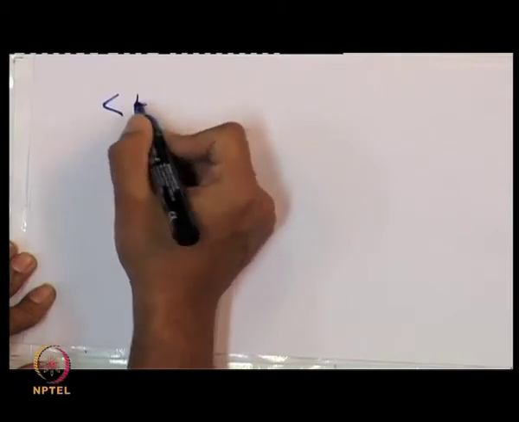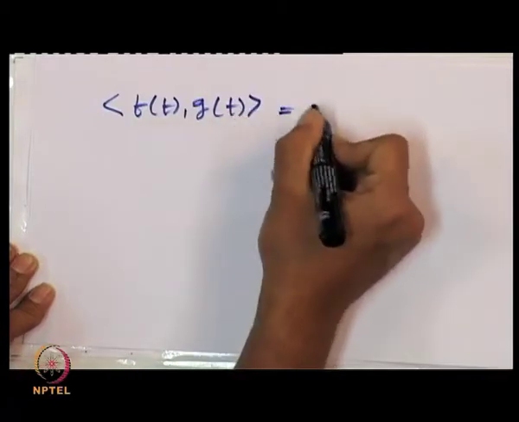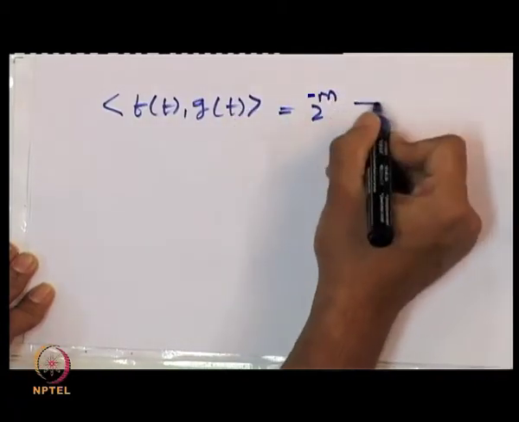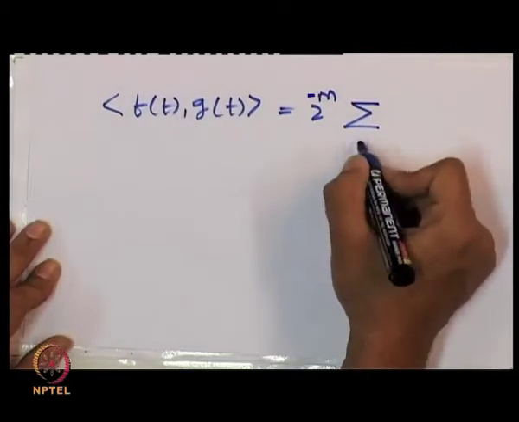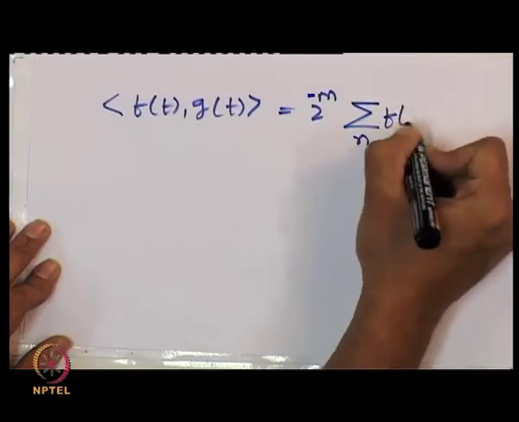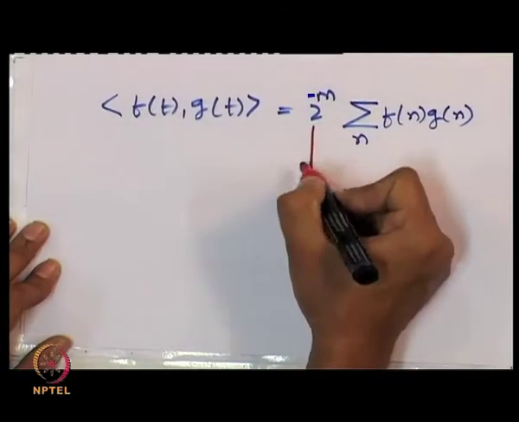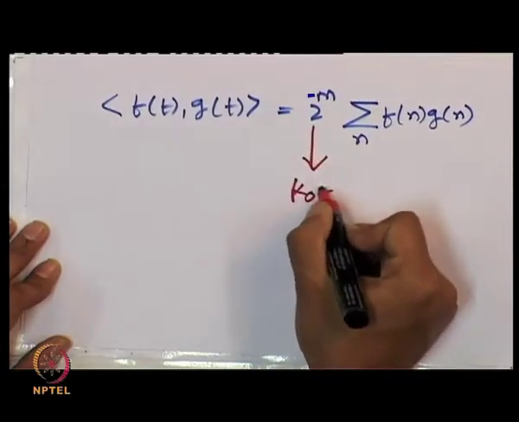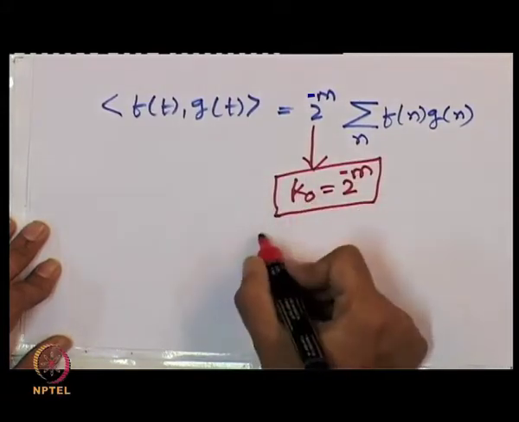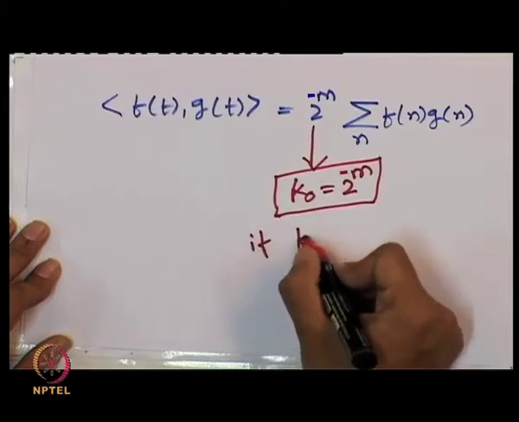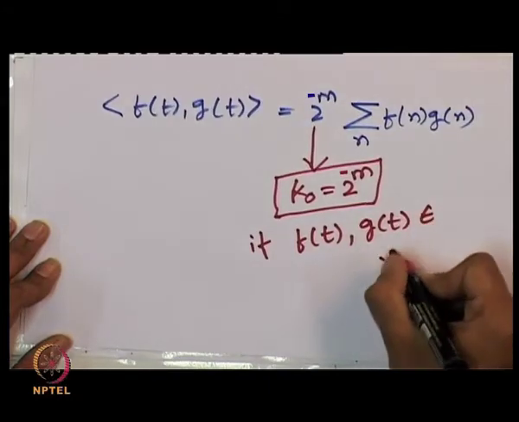Hence we proved that the inner product of Ft and Gt is equal to 2 raised to minus m times sigma. We will replace this dummy variable l with n. This is the value of K0 that we want to find out. K0 is equal to 2 power minus m if Ft and Gt both belong to Vm.